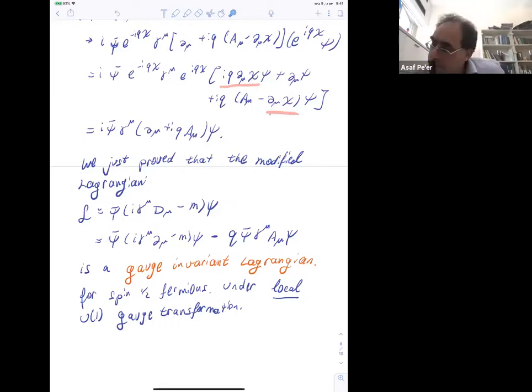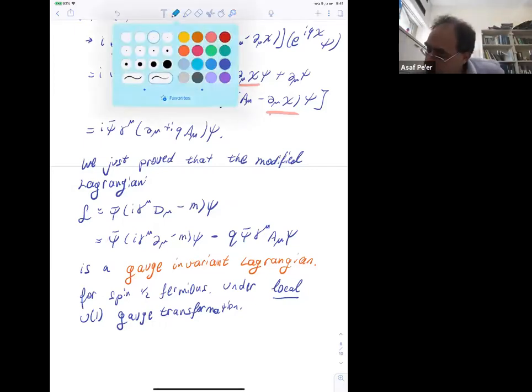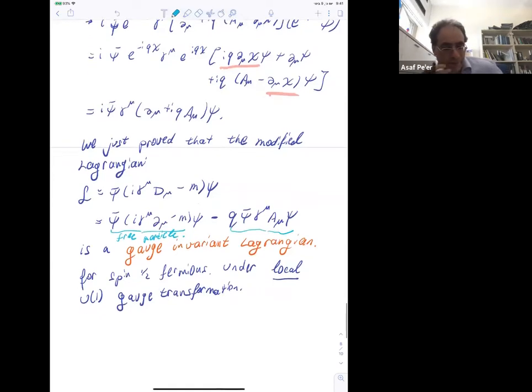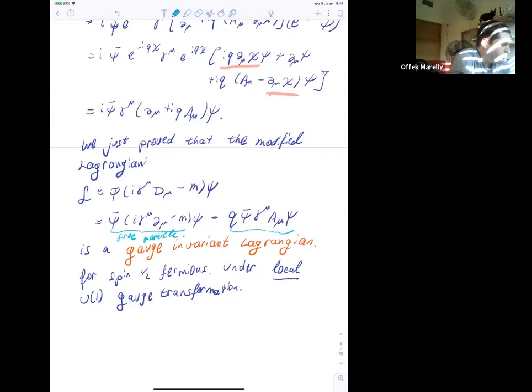Exactly, very good. This is the Lagrangian that represents a free particle. Very good. And what is this term, the second term? The interaction? This is an interaction term.